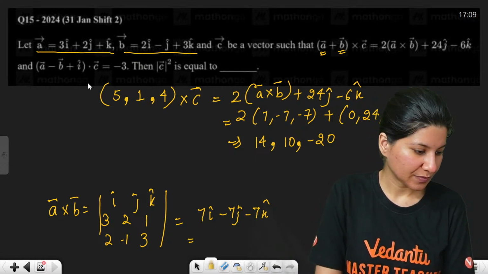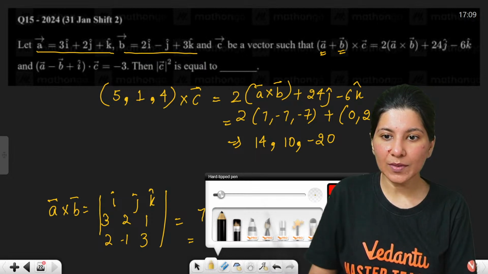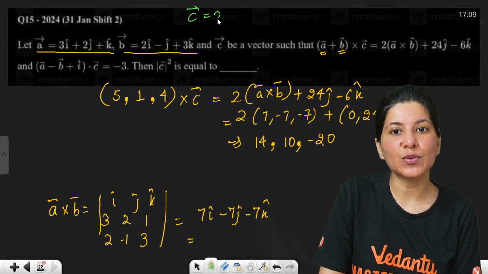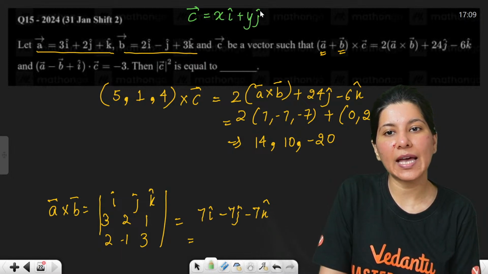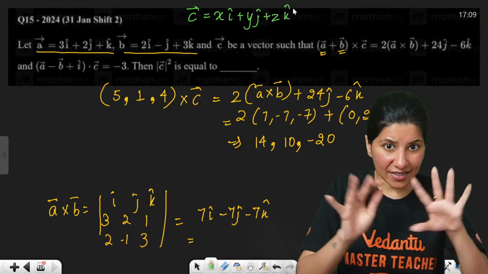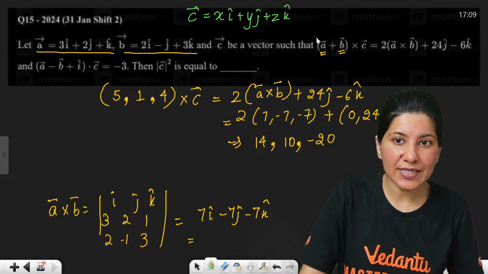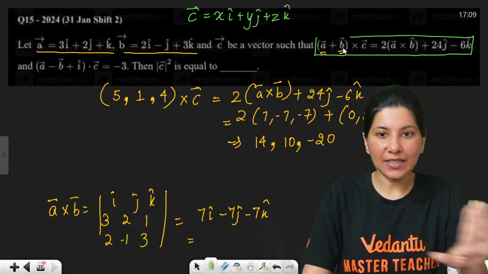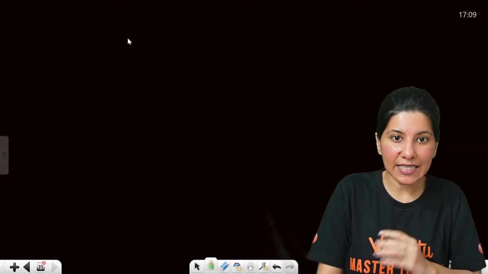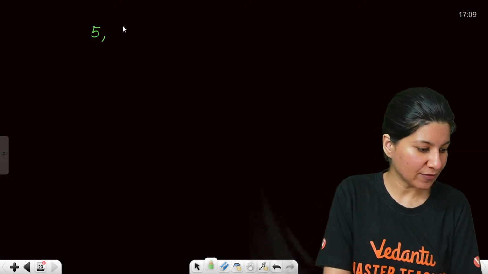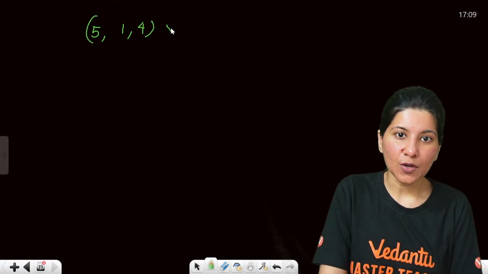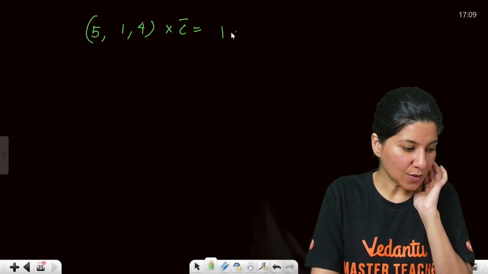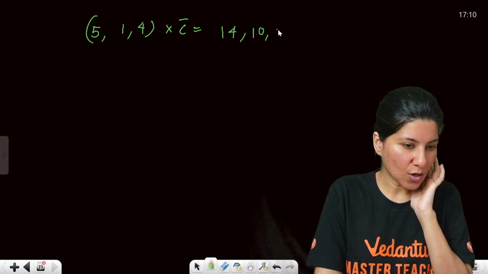Now let us assume the c vector, here we have to assume x i cap plus y j cap plus z k cap. So in the very first equation you are seeing right here, I have used a and b, plugged in all the values, and what I am getting is 5 comma 1 comma 4 cross c vector equals 14 comma 10 comma minus 20.